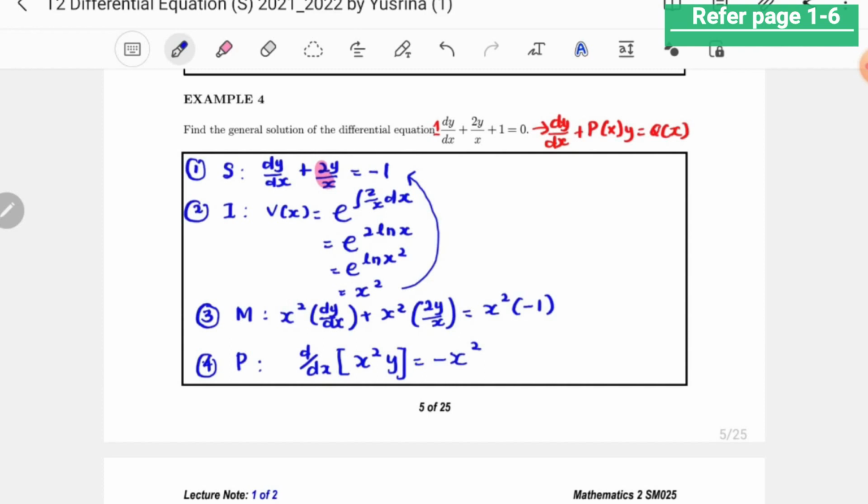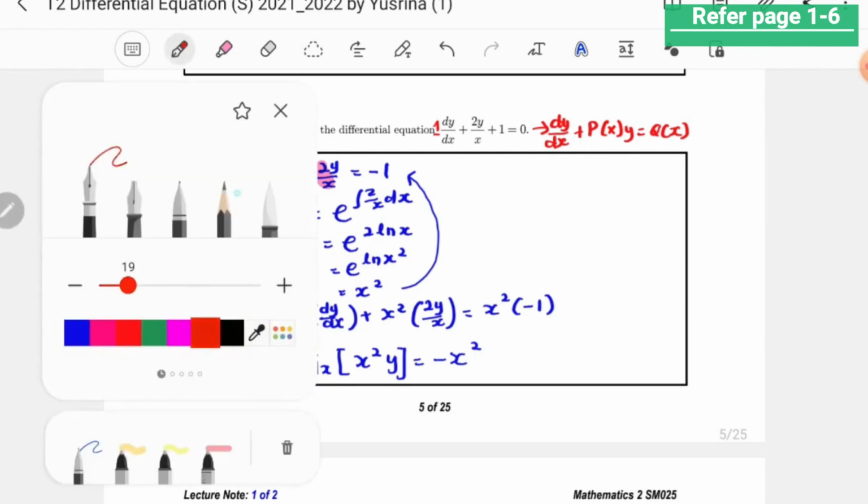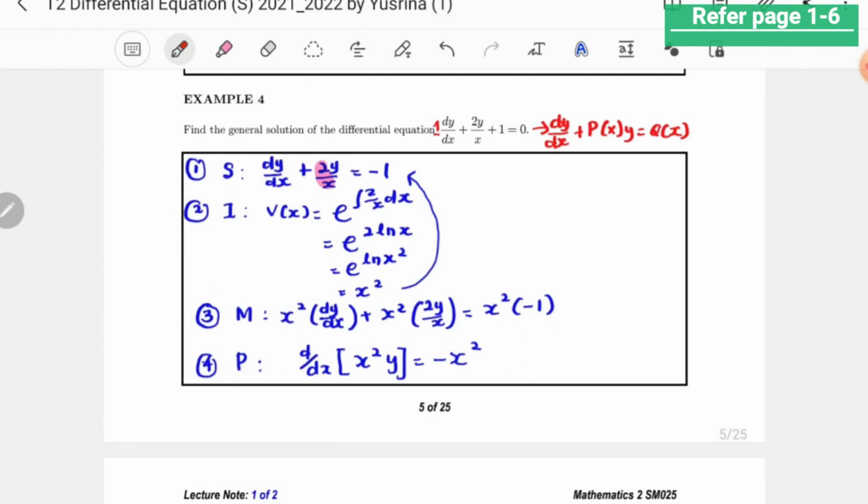Next, step number 5 is integrate both sides. Don't forget to integrate both sides. When you integrate, follow by dx.